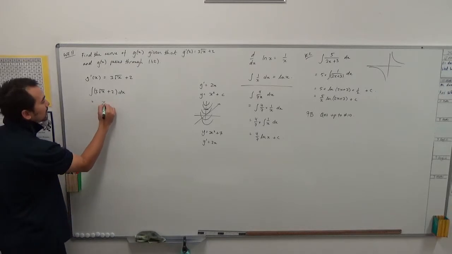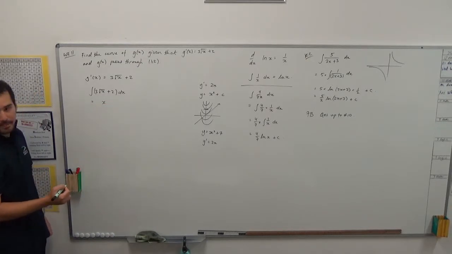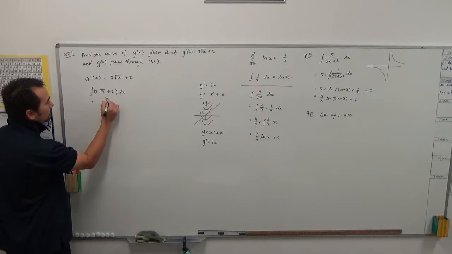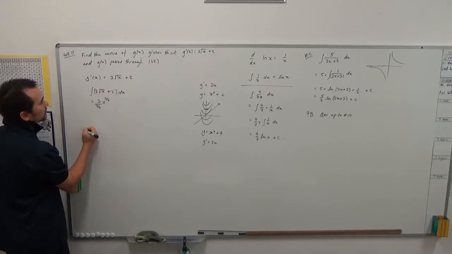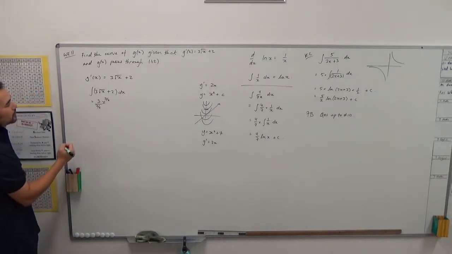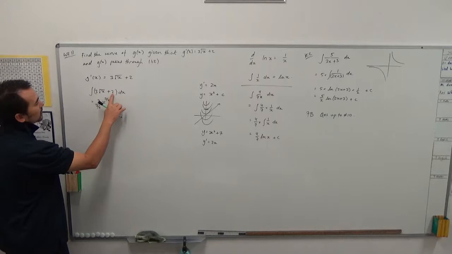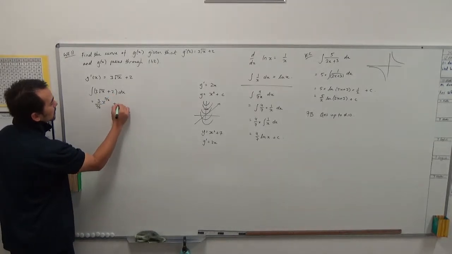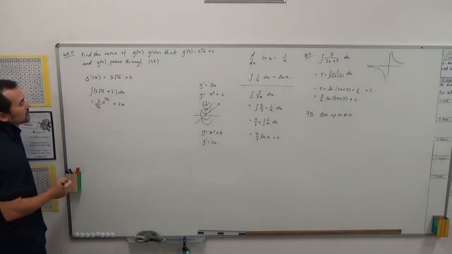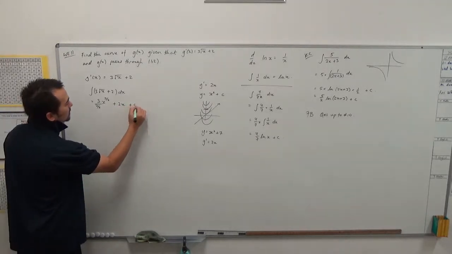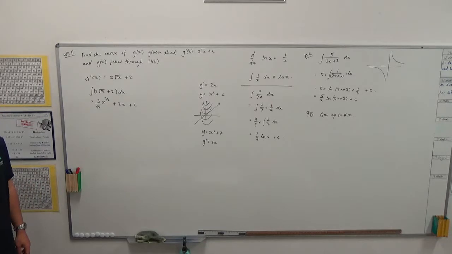So we're going to raise that power to make it 3 on 2, and divide by that power, so dividing by 3 on 2. And then we're going to integrate the plus 2, which is just going to be 2x to the power 1. Dividing by that 1 just gives us 2x. Don't forget plus c.